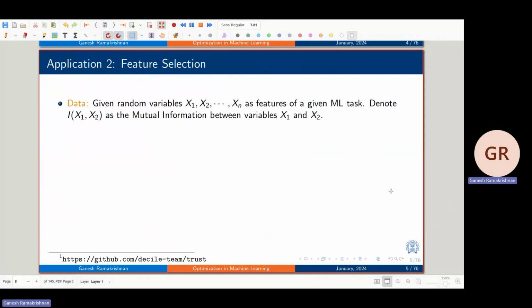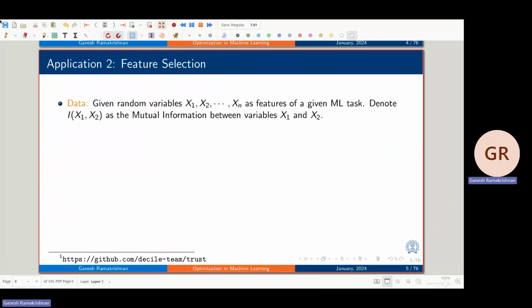Mutual information between x1 and x2 is the entropy, as you would have come across, discrete entropy, of x1, plus the entropy of x2, minus the joint entropy of x1 and x2. This denotes how similar x1 and x2 are.